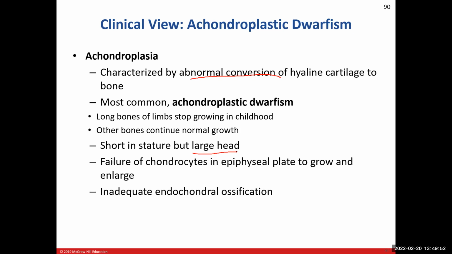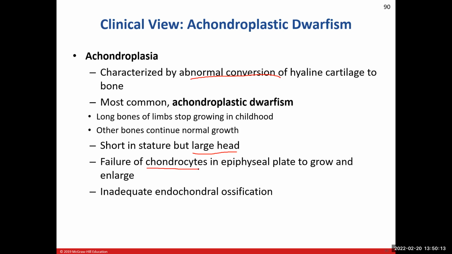But what we'll see here is an issue with those chondrocytes in the epiphyseal growth plate. One, we're not producing a lot of these chondrocytes, and at the same time, we know what happens after proliferation is enlargement, it is hypertrophy.